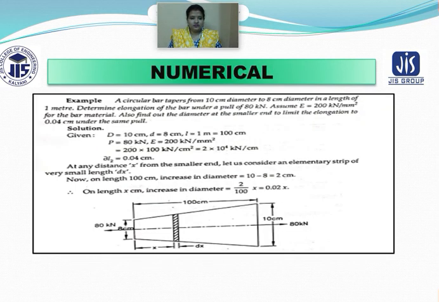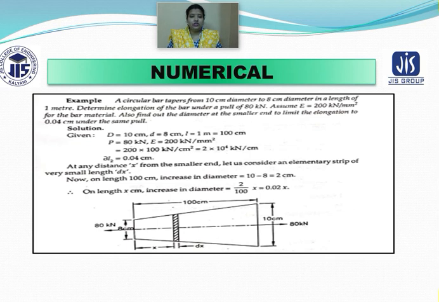Now let's solve a numerical on the elongation of the taper bar. Here you have to consider a circular tapered bar with a diameter of 10 centimeter to 8 centimeter.